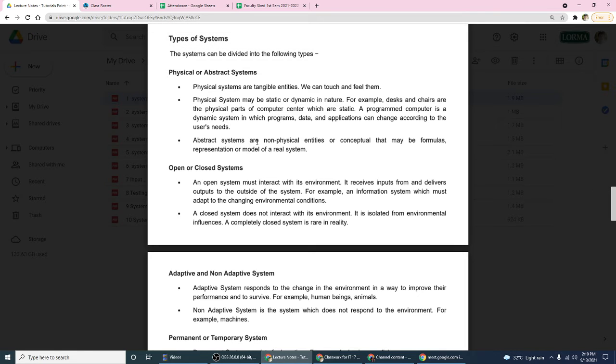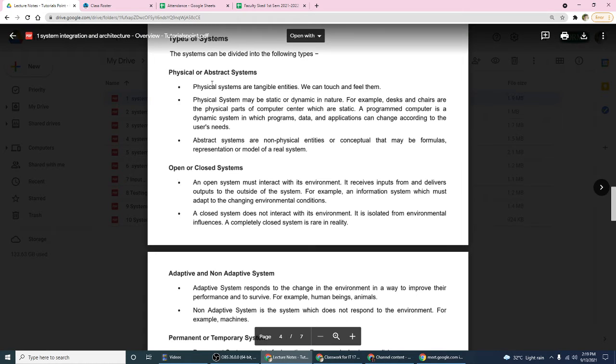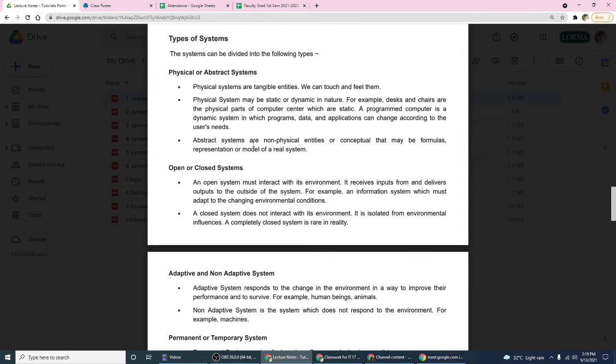Abstract systems are non-physical or conceptual entities that may be formulas or representations of a model of a real system. Based on this, the physical system includes the hardware because you can touch and feel it. For example, the desk, the chair, and so on. Those are examples of an object.